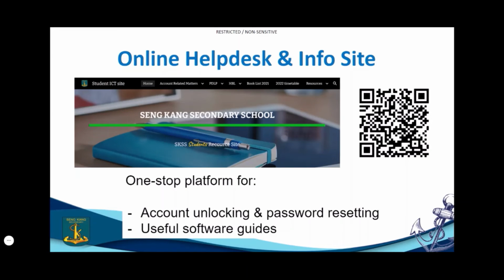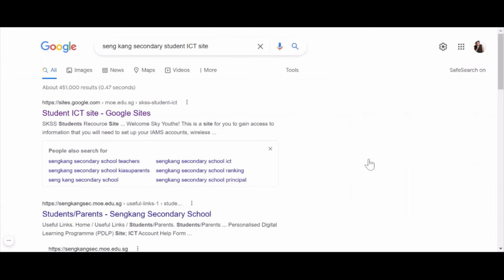Throughout the video, I've been mentioning the student's ICT site. It is a one-stop platform for unlocking your account and resetting your password, as well as for you to find some guides to softwares that you may use in school. To access the student's ICT site, you simply have to go to Google and search for Sengkang Secondary Students ICT site, and the very first link will be the one.